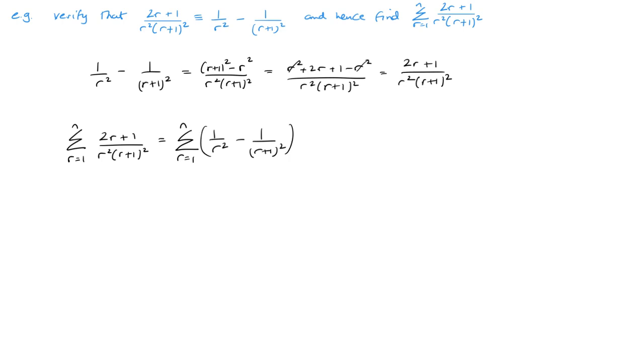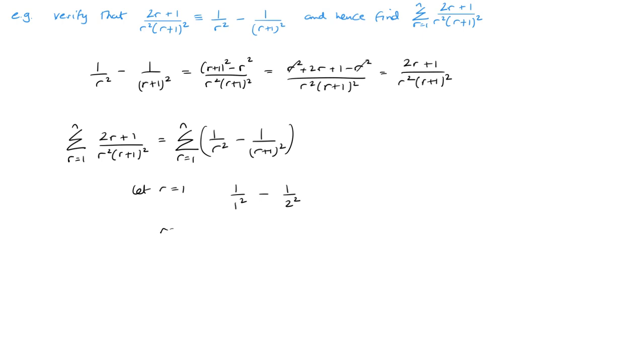Let's start with r equals 1. Then we've got 1 over 1 squared minus 1 over 2 squared. For this I'm going to keep it with the squares. 2 squared is 4, but I'm not going to get rid of that squared, because it makes more sense as you go through to leave those in, because you can see a pattern.